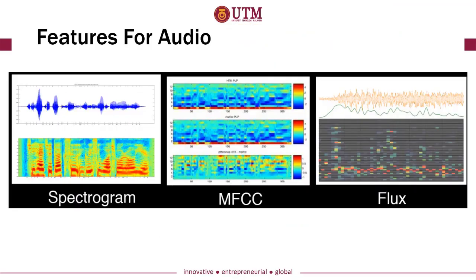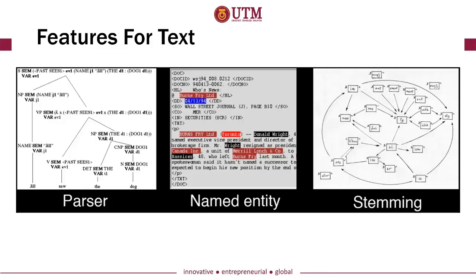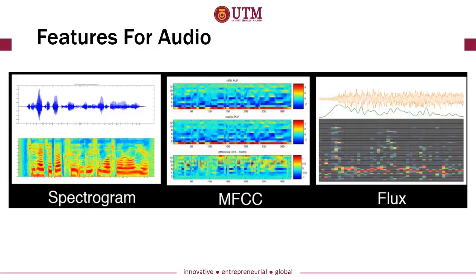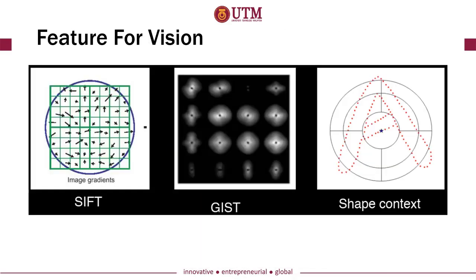Okay, so this one is an example of human crafted features in speech processing. This is the human crafted features in text mining, and this is an example of human crafted features in computer vision. So deep learning tries to skip or throw away all these things.